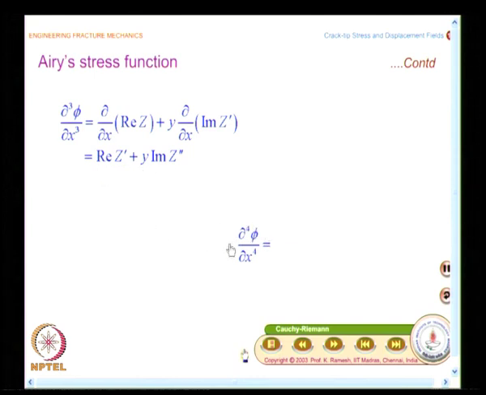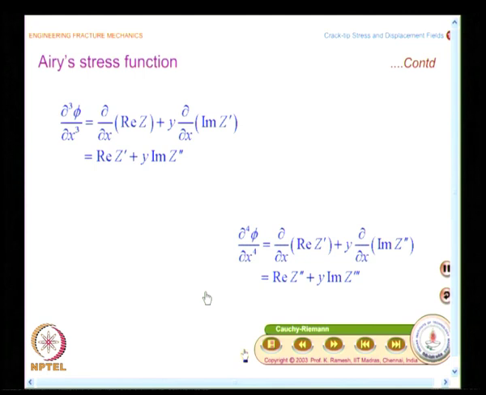If I have to get dou power 4 phi by dou x power 4, I have to do dou by dou x of real part of z prime plus y into dou by dou x of imaginary part of z double prime. This is again straightforward. You get this as real part of z double prime plus y imaginary part of z triple prime.